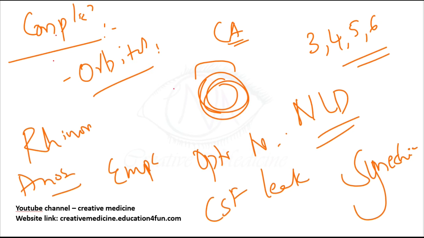One, orbital complications like periorbital ecchymosis, emphysema, optic nerve injury, and intracranial injuries like CSF leak, carotid artery injury, cranial nerve 3rd, 4th, 5th, 6th injury, and we have hemorrhage from sphenopalatine and ethmoidal artery, and we also have injury to the nasolacrimal duct, rhinorrhea, anosmia, and synechiae formation. So these are the complications of functional endoscopic sinus surgery.